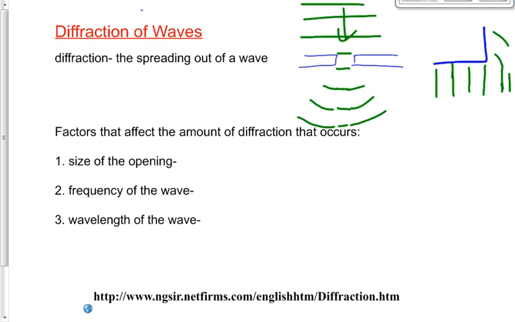If you stand right behind the corner of the door, you would actually hear me better if the door was a narrow opening. You get more diffraction, more spreading out, with a narrow opening than a wide opening.